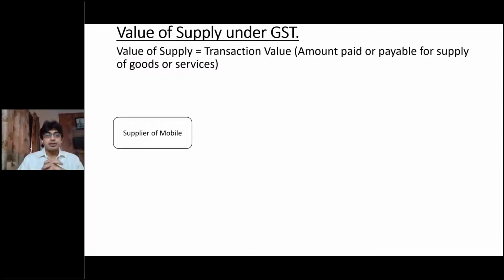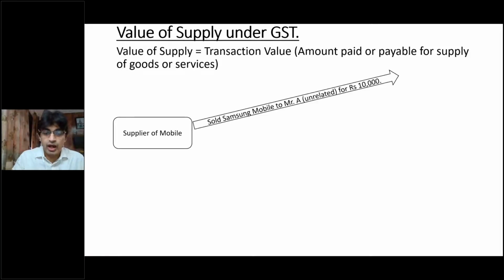First example. Suppose I am a supplier of mobiles. I am selling mobiles. I sold one mobile to Mr. A for rupees 10,000. Now, on what amount should I charge GST?